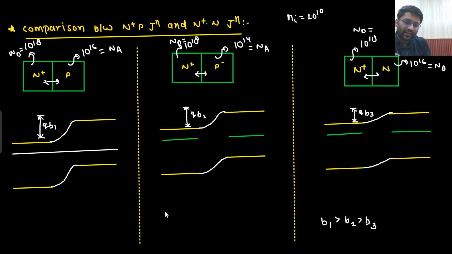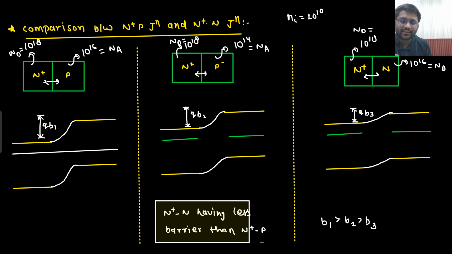What is the line? That N plus N has less barrier than N plus P. This line is important. Somewhere I will use this line.